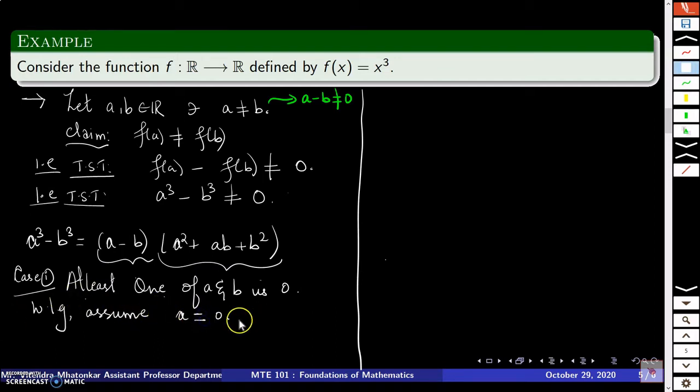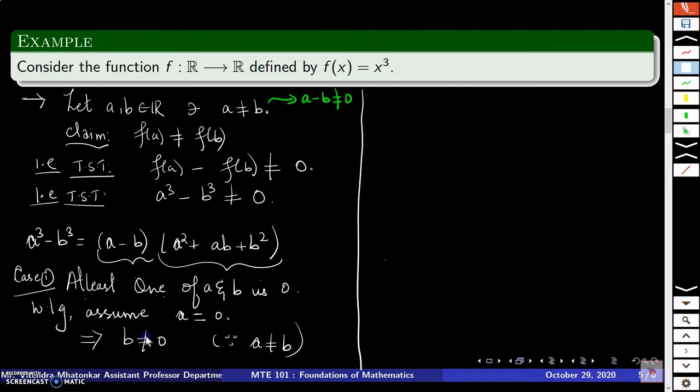Now, because a is 0 and we know that a is not equal to b, this implies b is not equal to 0. This is since a is not equal to b. If b is also 0, then both of them will be equal, right?